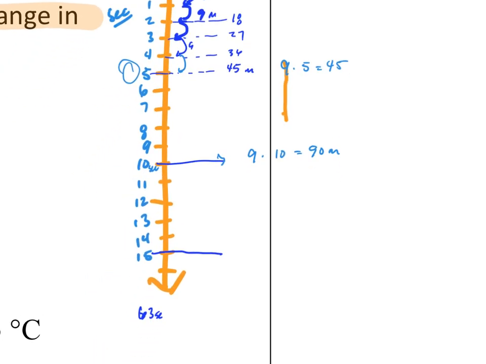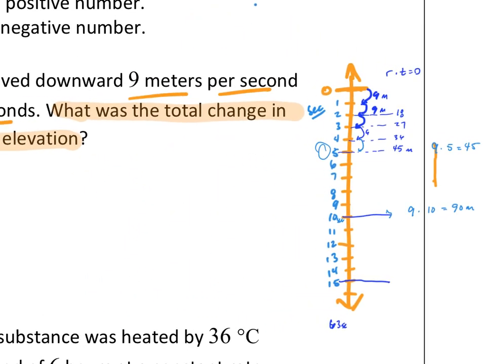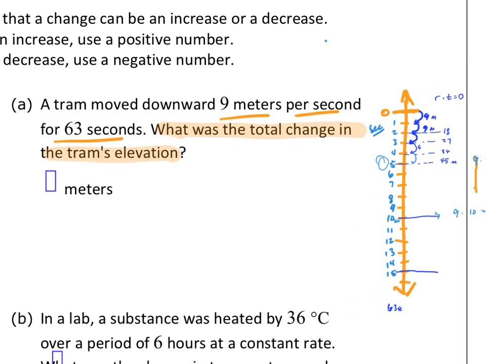And so what does that mean then if we're doing it for 63 seconds? Well, we're going to take 9 meters per second times 63 seconds, which means we're going to have traveled 567 meters.